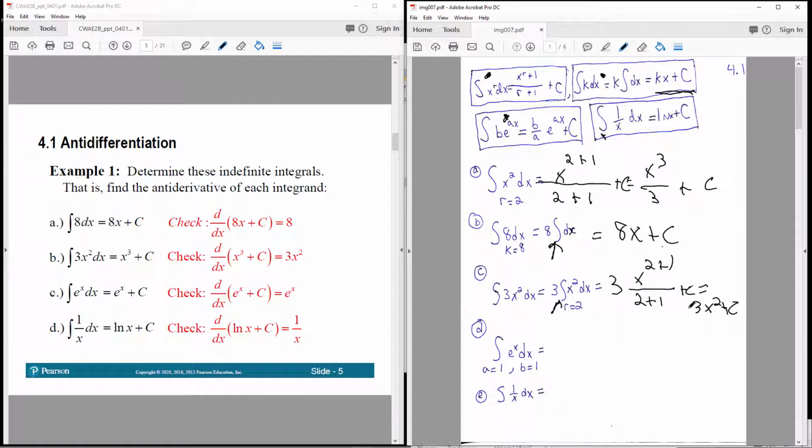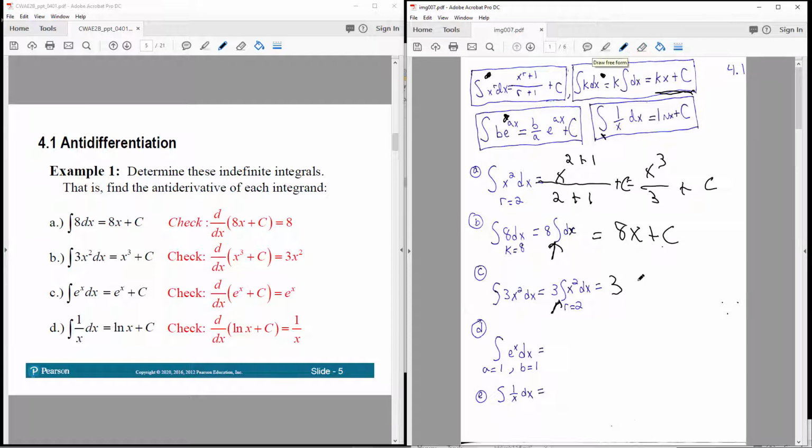Okay, so we integrate that there. Oh, hold on. Fix that. Let's see if I can write this a little bit smaller, save some room here.